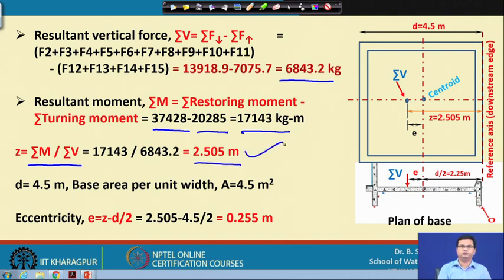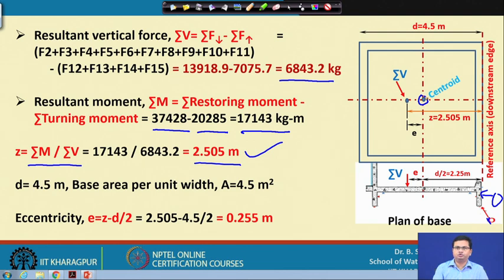So, what is this Z value? If you remember, in the previous lecture we have already discussed. If you look at this figure, it is a plan of base, and we have taken O here, and my reference axis is the downstream edge, and this is my centroid point.